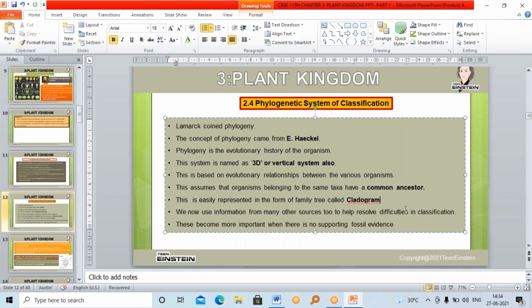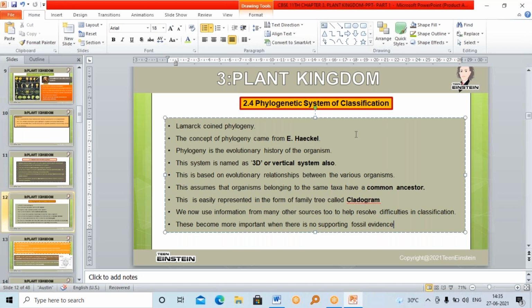Nowadays we use information from many sources, and this becomes more important when there is no supporting fossil evidence. If you are not getting any fossil evidence, this classification becomes very important. Phylogenetic classification means we consider the basic evolutionary relationship between various organisms.